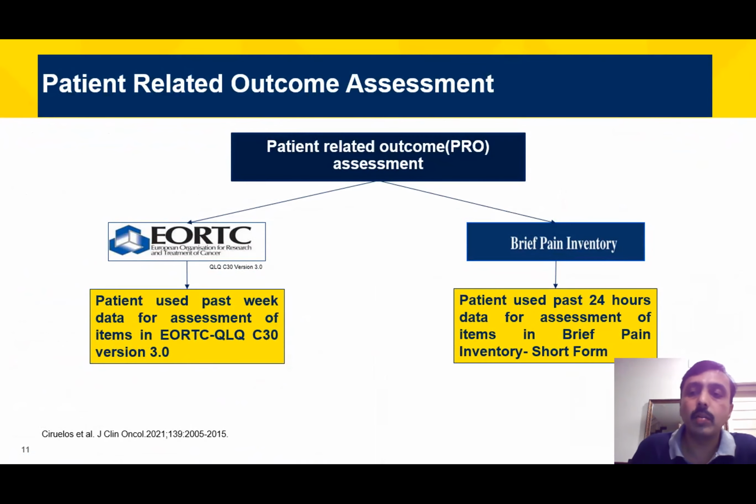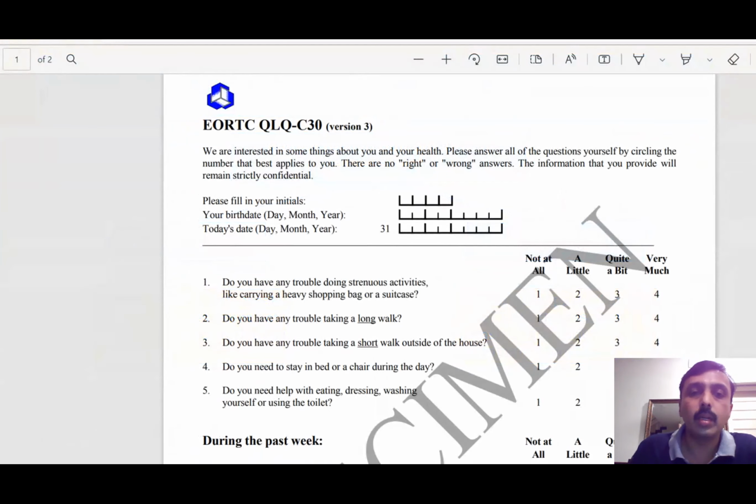So EORTC quality of life, we know. Patients report whether during the past week they had various problems, and all of us would have done this as part of some data which we collect from our patients. They report whether it is impairing: not at all, a little, quite a bit, or very much.